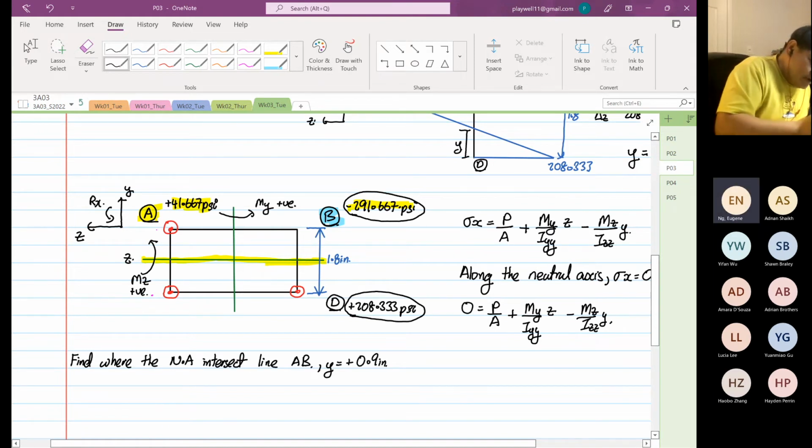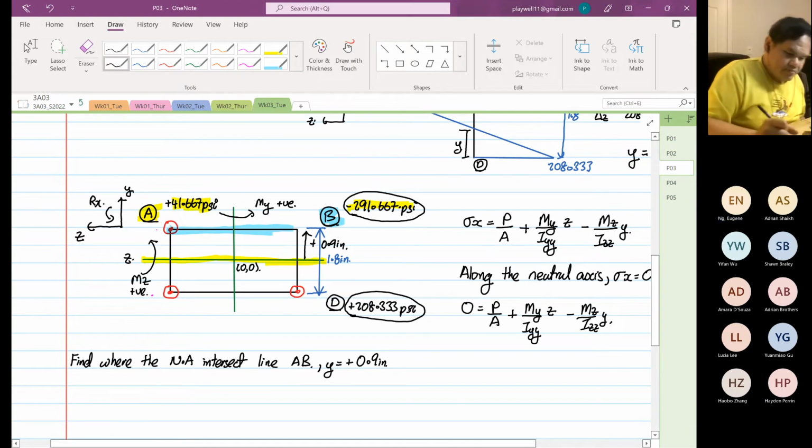If you look at the location of line AB, 0, 0 is at the center, so when it's along line AB, this will be equal to positive 0.9 inches.